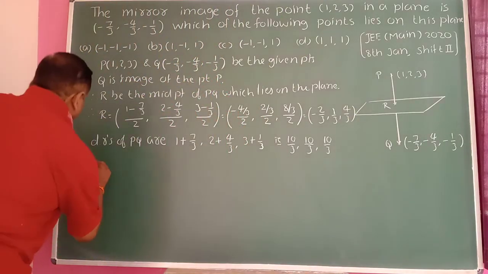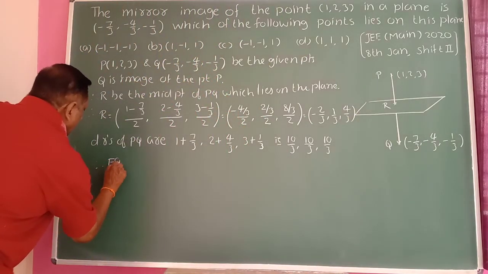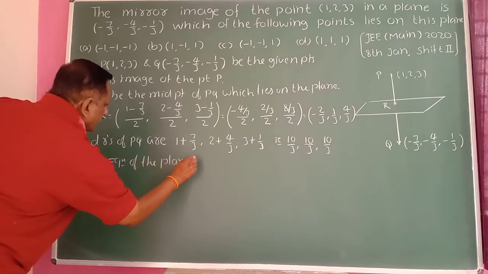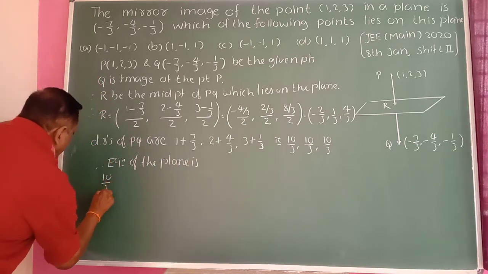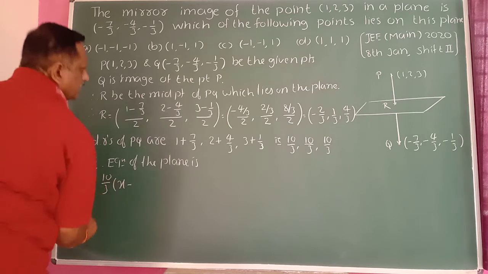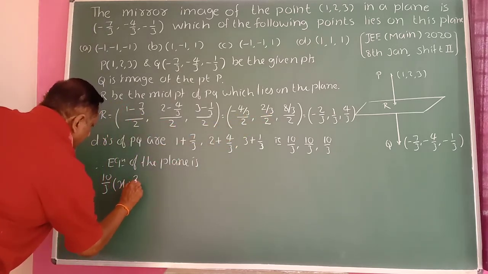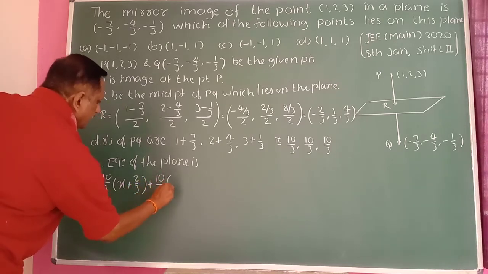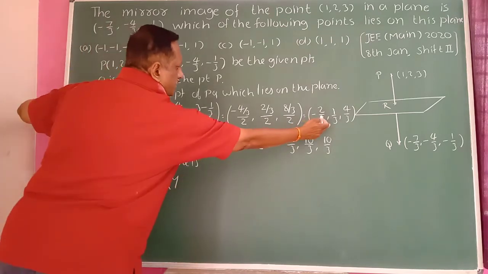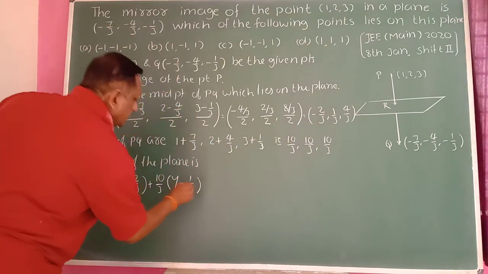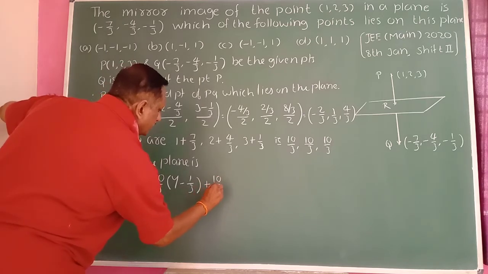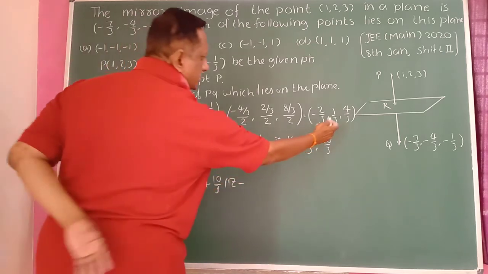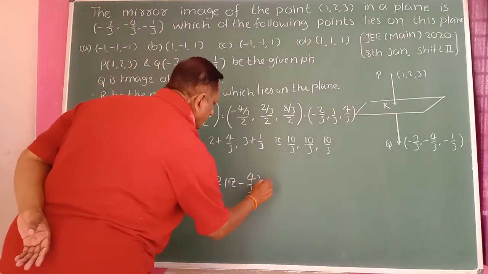Therefore, the equation of the plane is 10/3 times (x minus (minus 2/3)), that is x plus 2/3, plus 10/3 times (y minus 1/3), plus 10/3 times (z minus 4/3), is equal to 0.